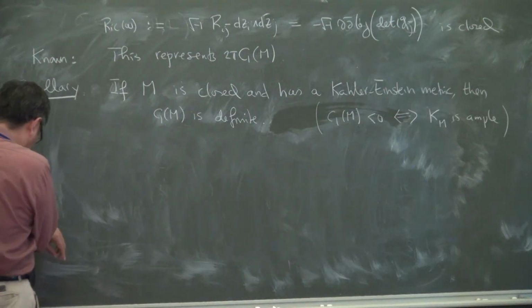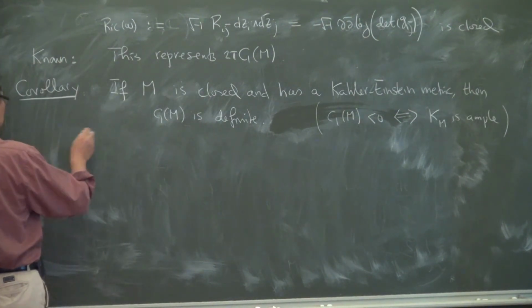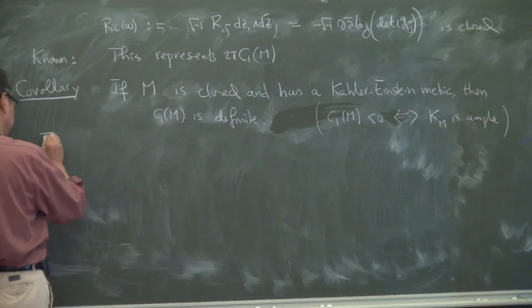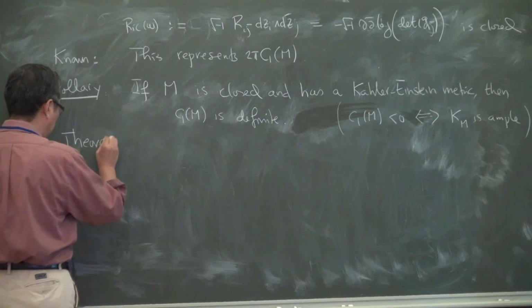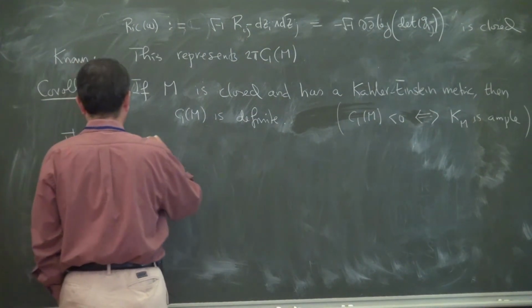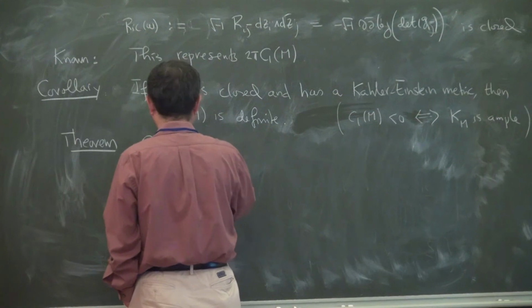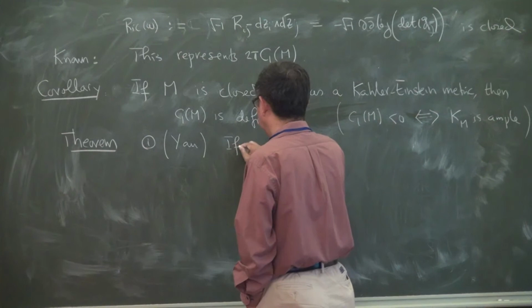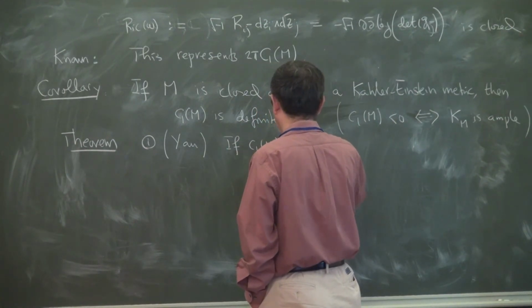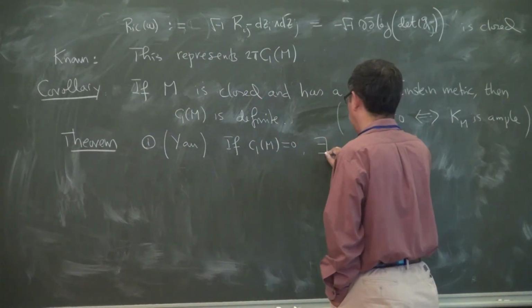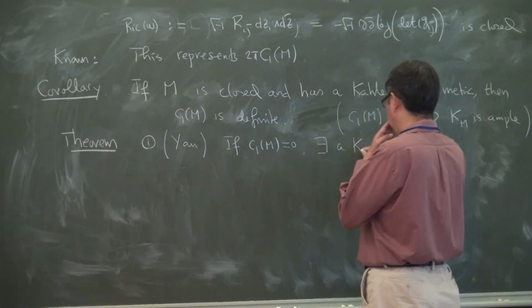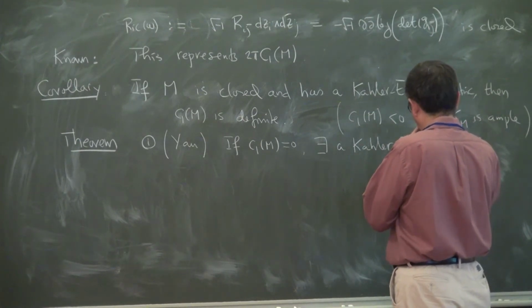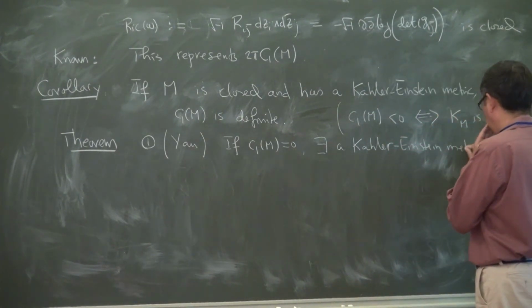So maybe I stop here now. I just state the theorem, and it's known before. First case, by Yau: if C1 is 0, there is a Kähler-Einstein metric.